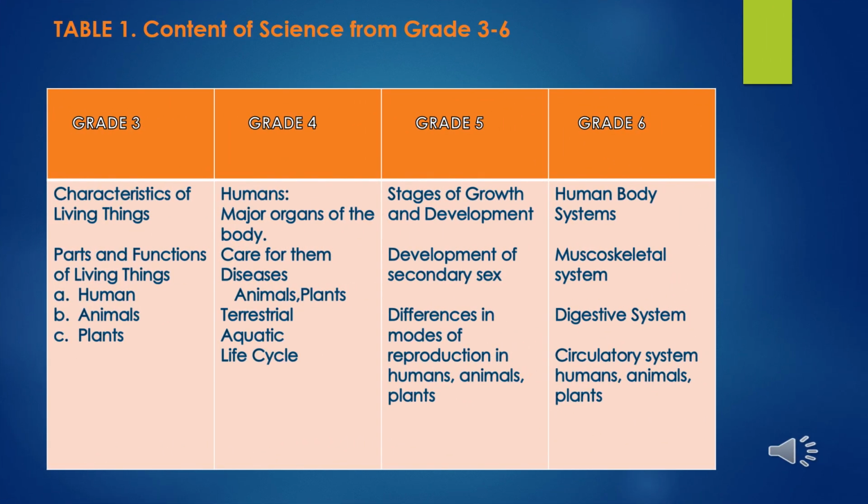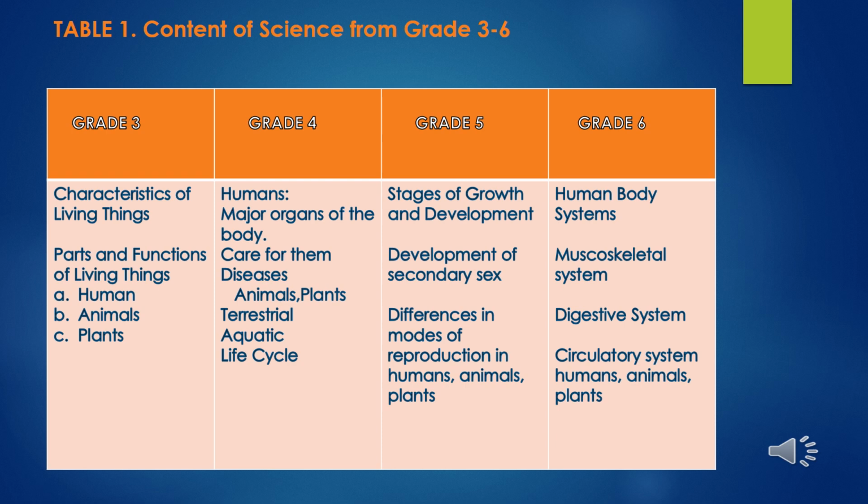Example given in Table 1, content of science from grade 3 to 6. In grade 3, the topics are characteristics of living things, parts and functions of living things including humans, animals, and plants. In grade 4, the topics are humans, major organs of the body, care for them, diseases, animals and plants, terrestrial, aquatic, life cycle.